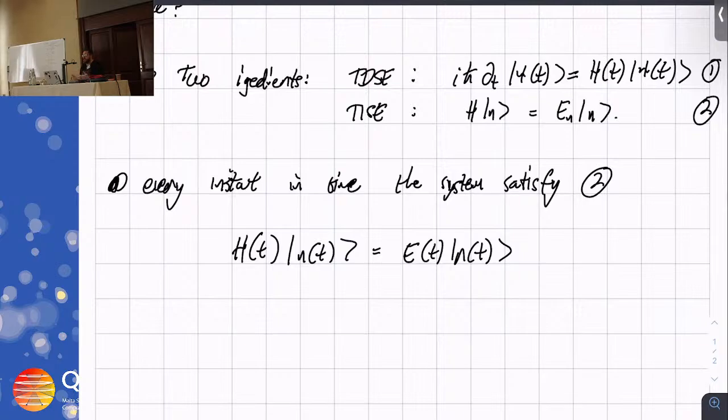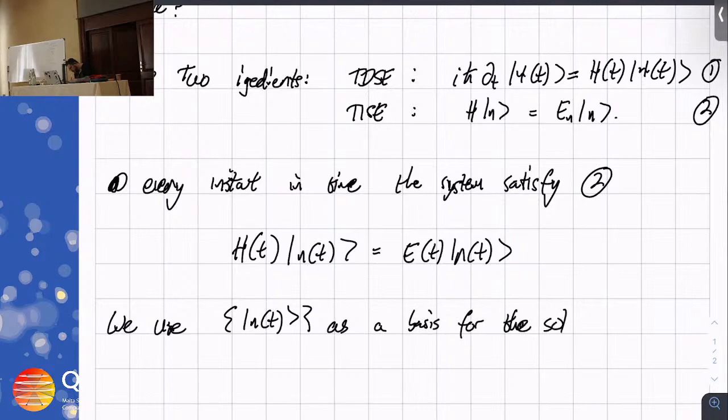Now we know from our quantum mechanics 101 that these form a valid basis. So I can use that information and think about those instantaneous eigenstates as the basis in which I want to write my general solution to the time-dependent Schrödinger equation. So we use these eigenstates as a basis for the solution of the time-dependent Schrödinger equation.